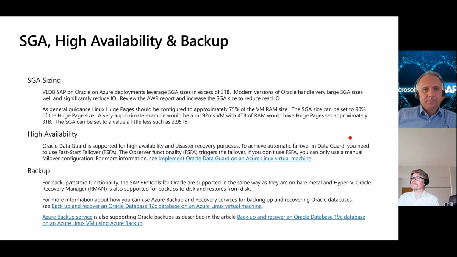You really have to use huge pages, and then set the SGA size to about 95% of the huge page size. Some people say, well, why not set roughly the size of RAM to huge page? You remember the Oracle shadow processes have to exist outside of this space.